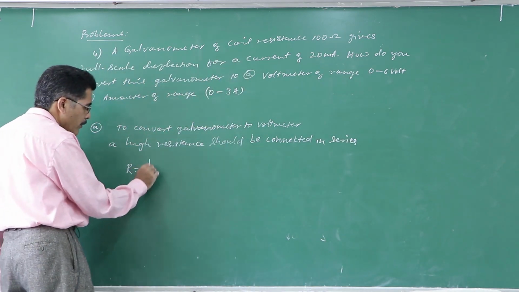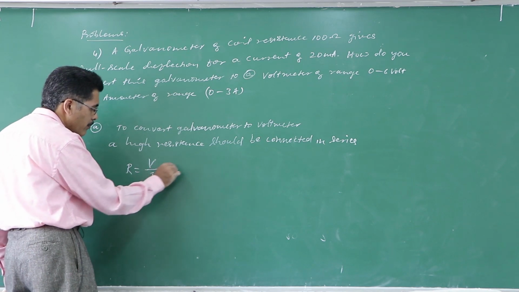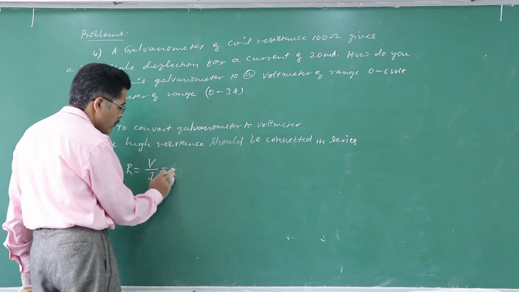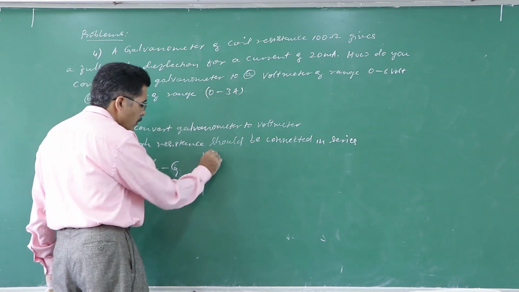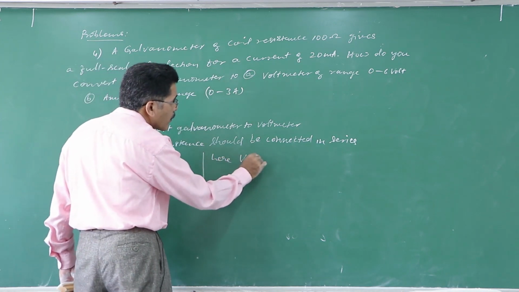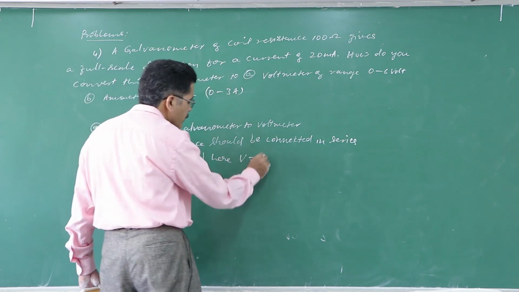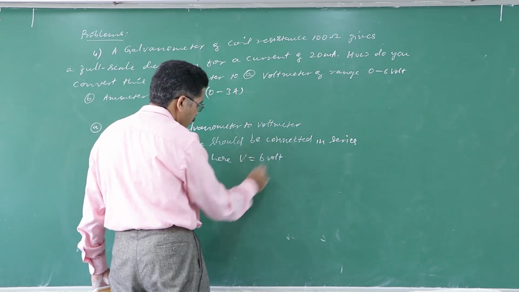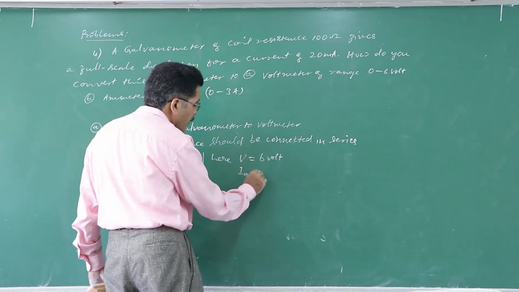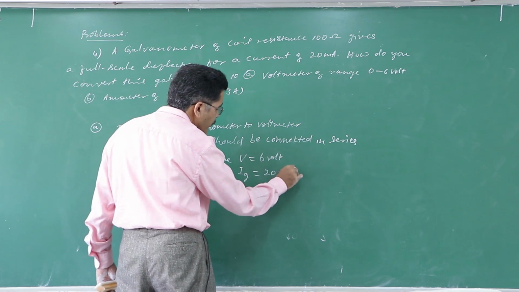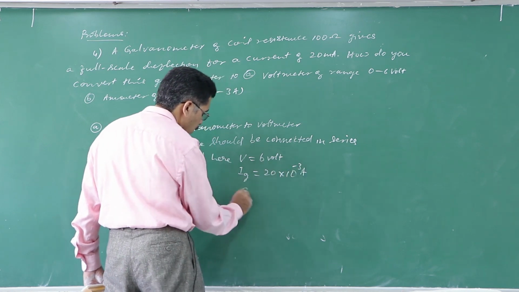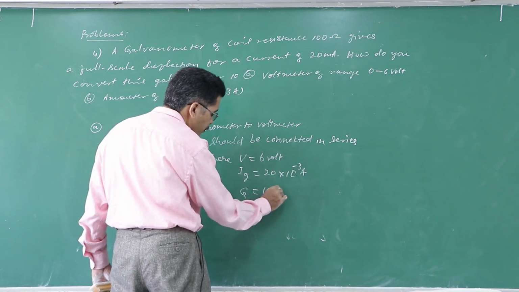R is equal to V by Ig minus G. Here V is equal to 6, Ig is 20 milliampere, G is 100 ohm.